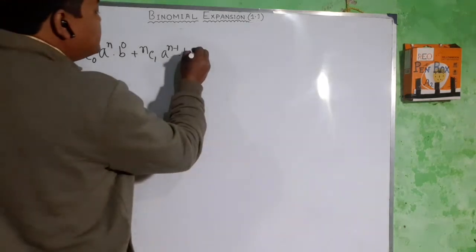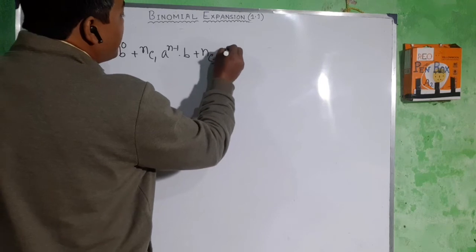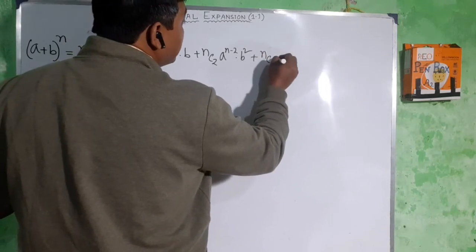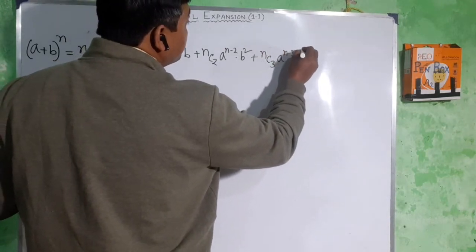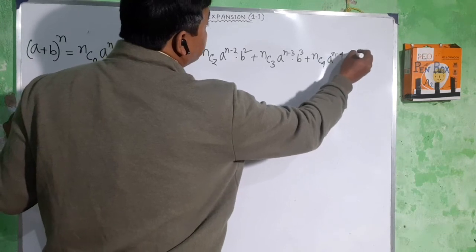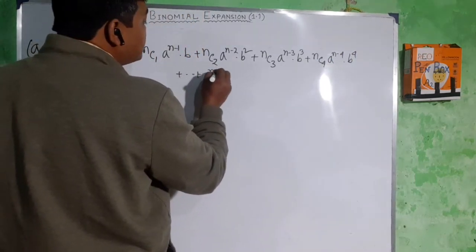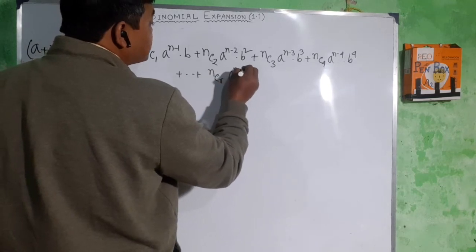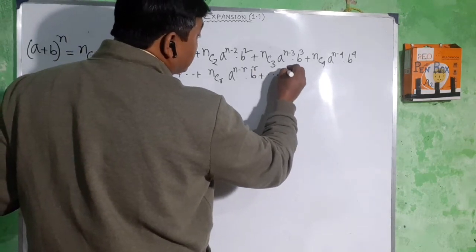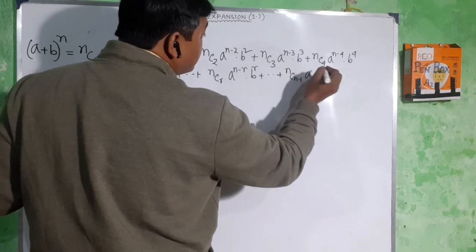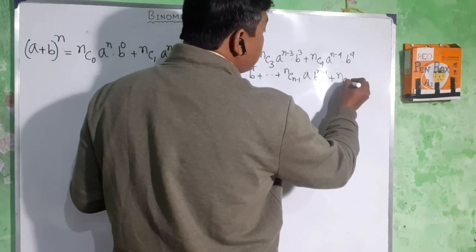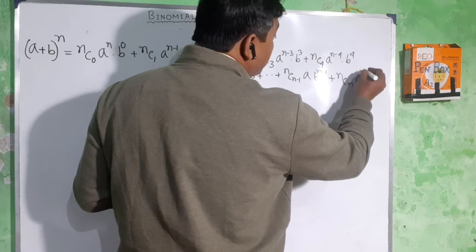Okay, so nC2 a to the power n minus 2 into b square, nC3 a to the power n minus 3 into b cube, nC4 a to the power n minus 4 into b to the power 4, and nCr a to the power n minus r b to the power r, where r is less than n, and nC(n minus 1) a to the power 1 b to the power n minus 1, and nCn a to the power 0 b to the power n.